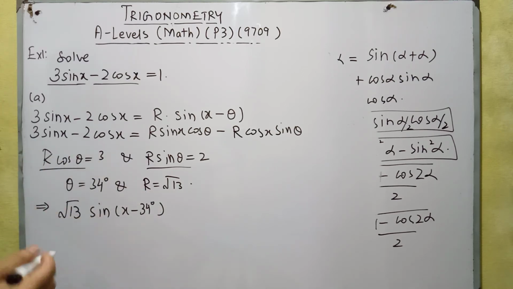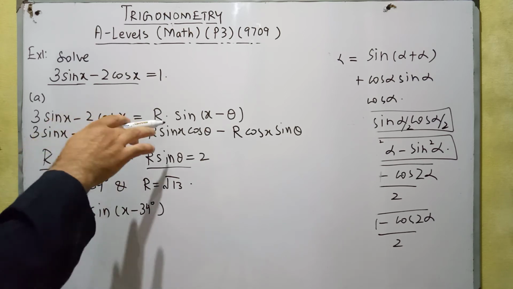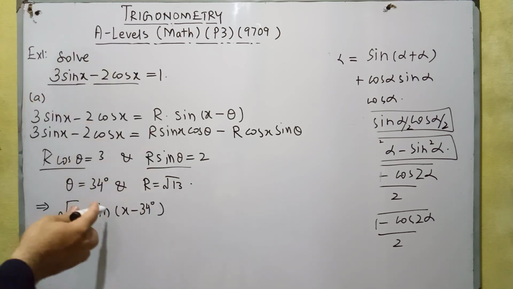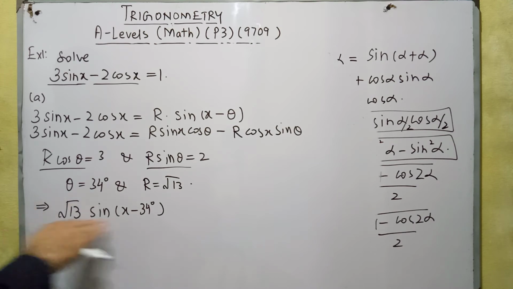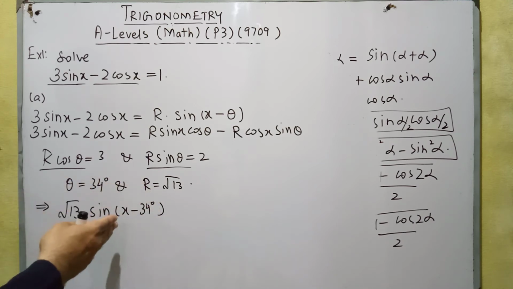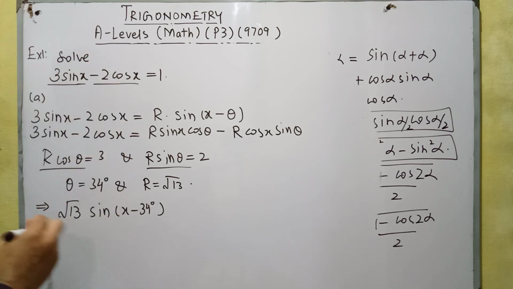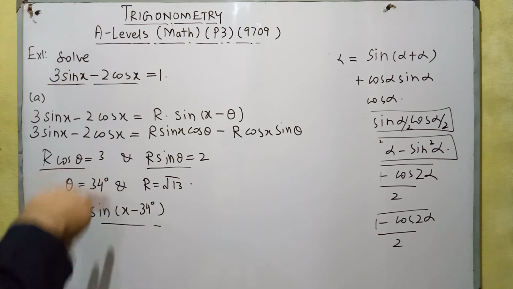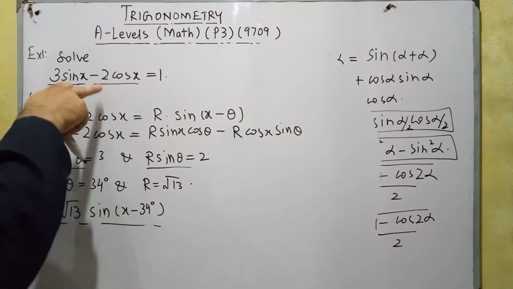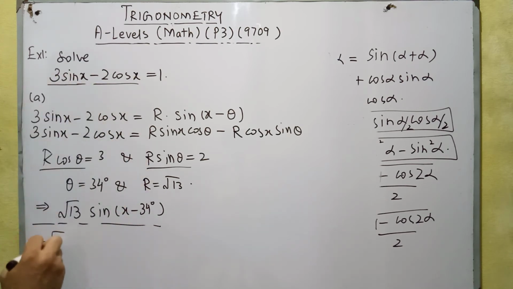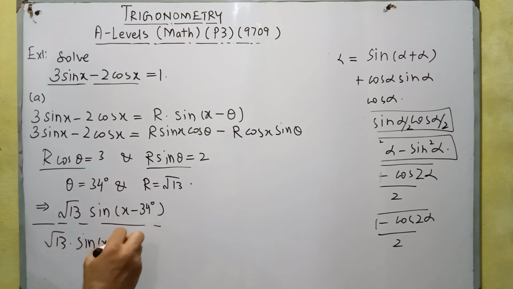Now this is basically a conversion of this one function into this function. In this case we have just one trigonometric function, which is the sine function, so we can solve this equation very easily. If we substitute this modification into this equation, we will have square root of 13 sine (x minus 34) equal to 1.